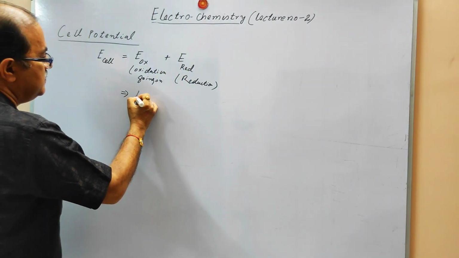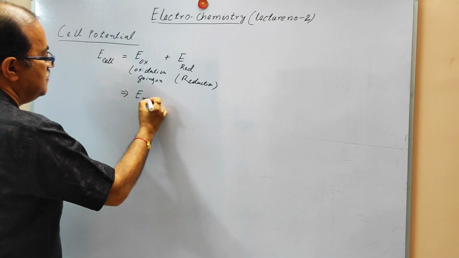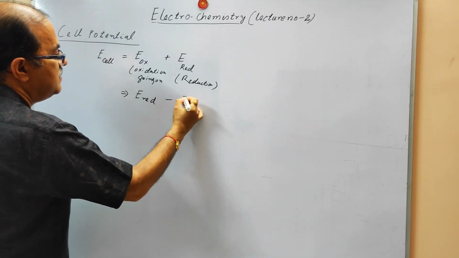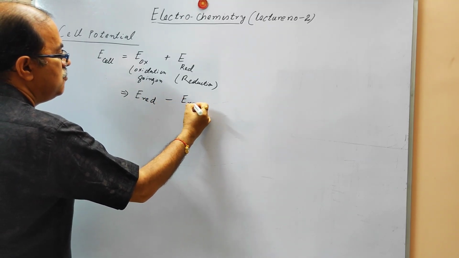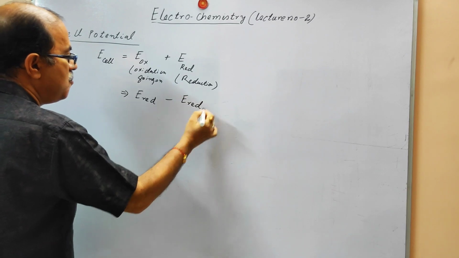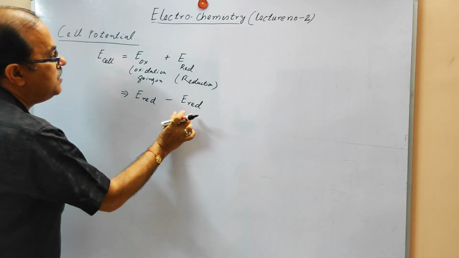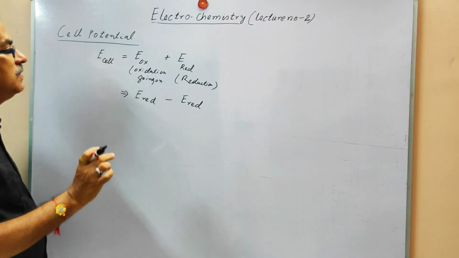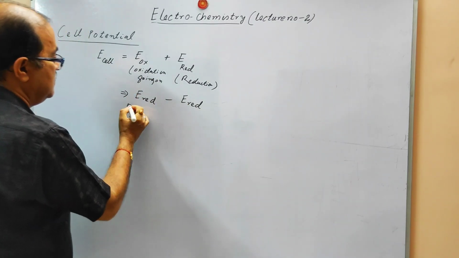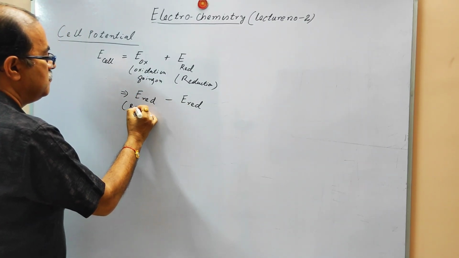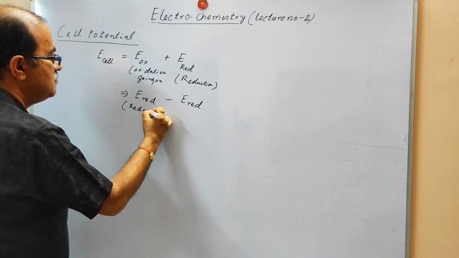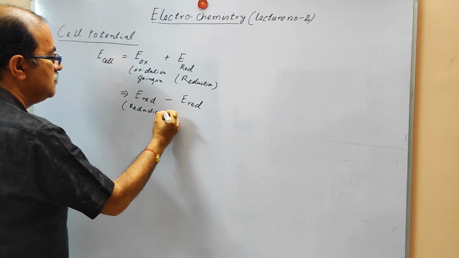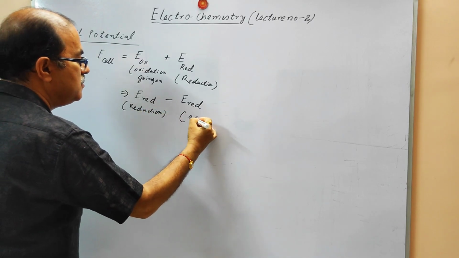So we can write this E reduction minus E reduction, because here oxidation is going on at that portion, and the reduction potential is this. Reduction is going on here, and oxidation is going on there.